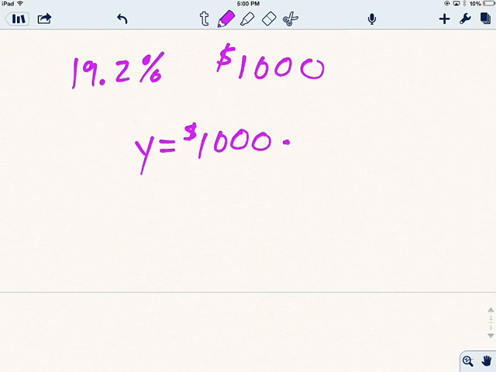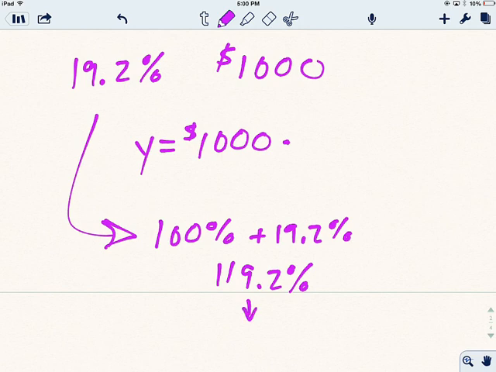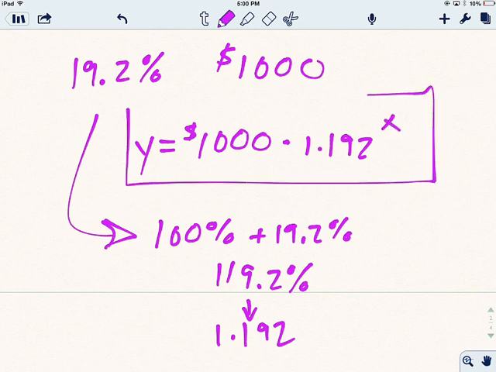So a 19.2% increase is 100% plus 19.2%, which gives me 119.2%, which is the same as 1.192. And so I multiply by 1.192 over and over again. And so there's my function. All I did was take 1 and write 192 after it, because that's my percent change.